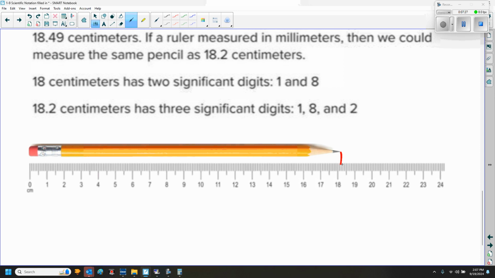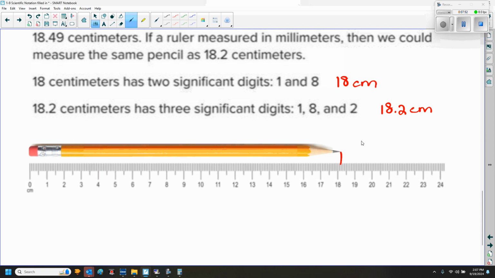So 18.2 centimeters, this is 1, 8, and 2. That'll be 182 millimeters. So that's 18 centimeters versus 18.2 centimeters. Whereas if I did not have these lines in here, that would just be 18 centimeters.